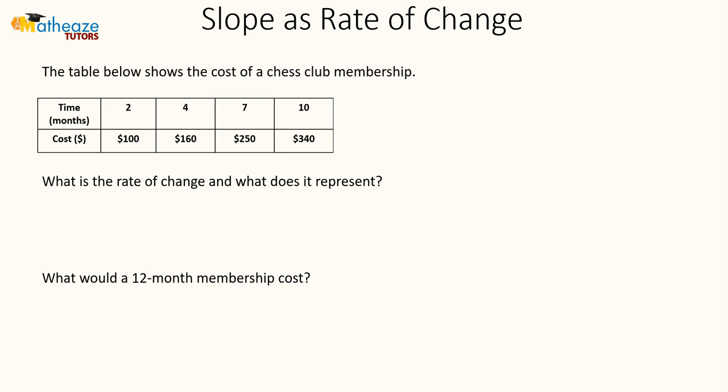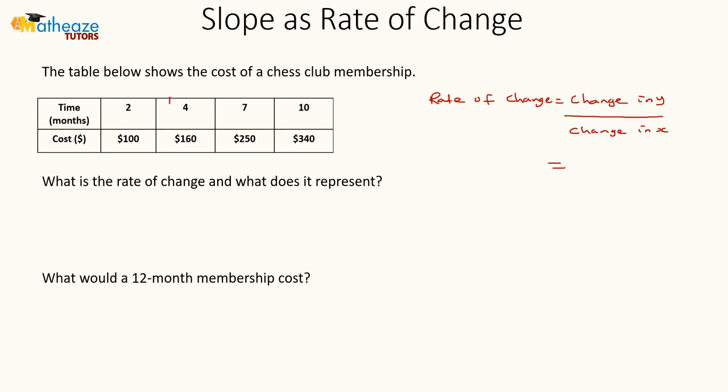So the table below shows the cost of a chess club membership, and we're looking at time in months. So we look at the rate of change. So let's look at rate of change is change in y divided by change in x.